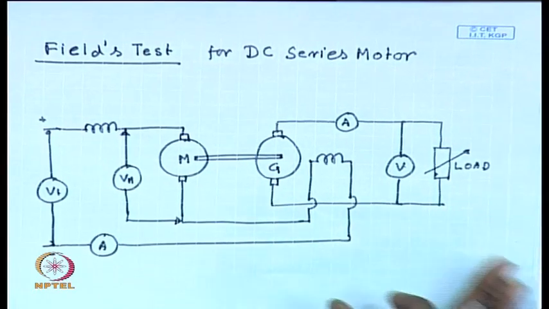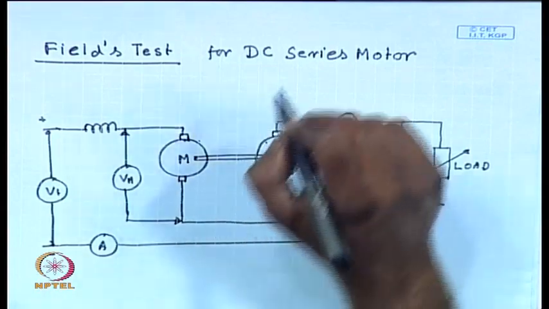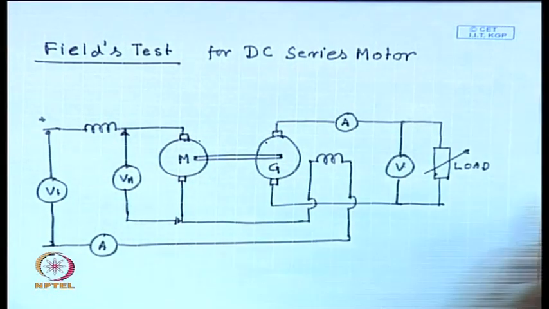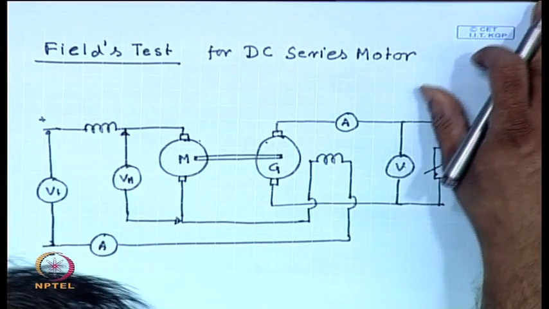So, these are two identical DC series motors, and since their field windings are connected in series, the iron loss and the no load rotational loss of both the motors are assumed to be same.